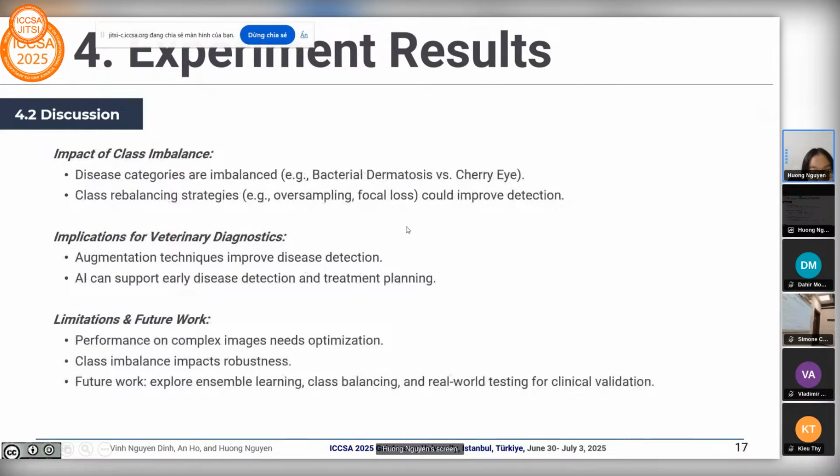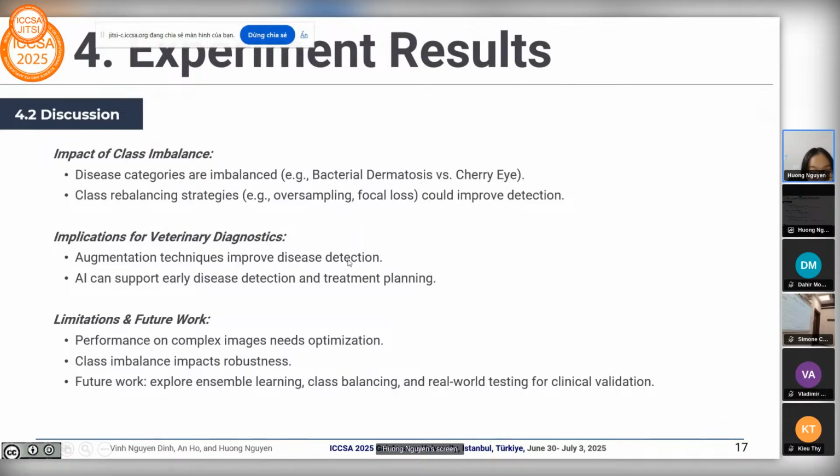And besides augmentation, we also noted a few other important challenges. First, class imbalance. Some conditions like bacterial dermatosis had way more images than rare ones like cherry eye. This may cause the model to perform poorly on minority classes. And in the future, we can try balancing methods like oversampling or using focal loss.